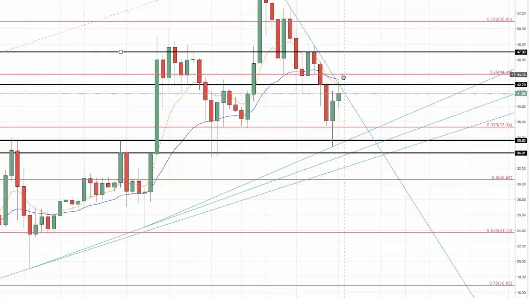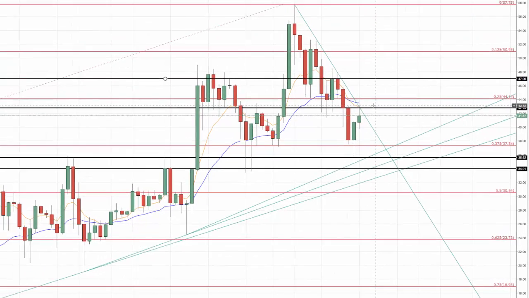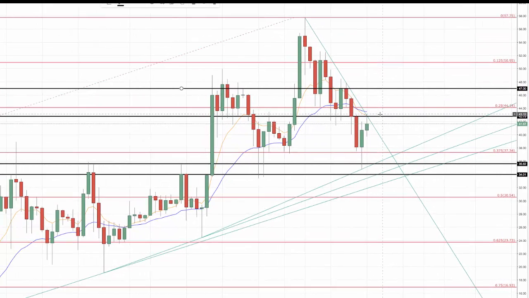You'd have to be nimble because we do have this key GAN level at the prior breakdown zone. So this is where I wouldn't get very wide with stops, but it could eventually run back up here. If it can't get through this area, then we may be setting up for some more potential shorts, whether it's a short reversal pattern or a potential trend line trade to the downside.